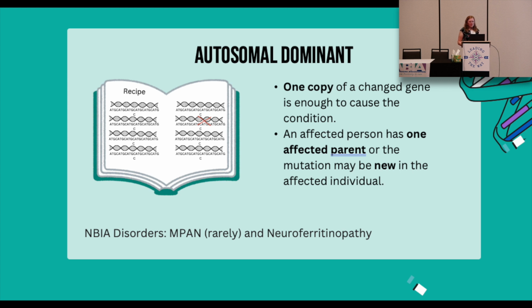Typically, these are a little bit less severe because they get passed down, or they are de novo, where it's not coming from a parent, but they have a change that is new in the child, and that single change is what causes the disease. This happens sometimes in MPAN, as well as neuroferritinopathy.